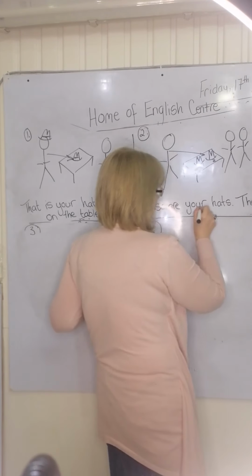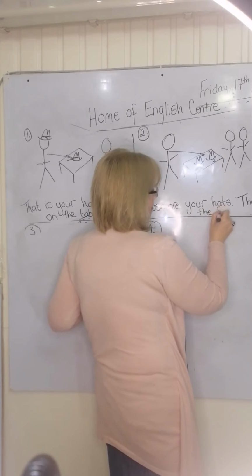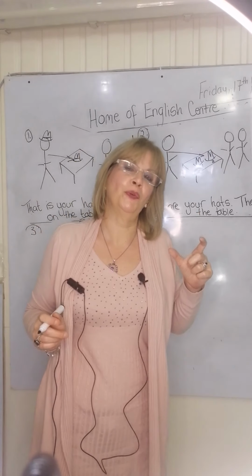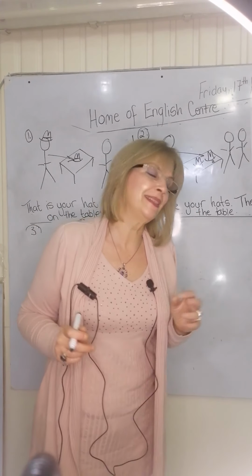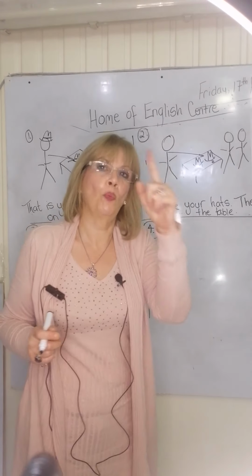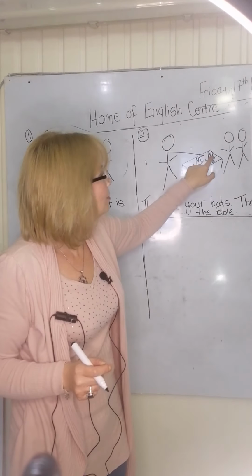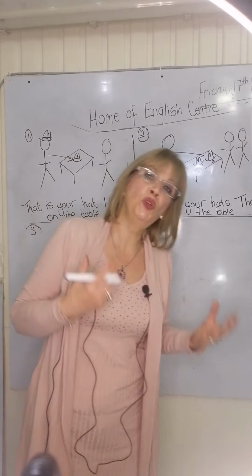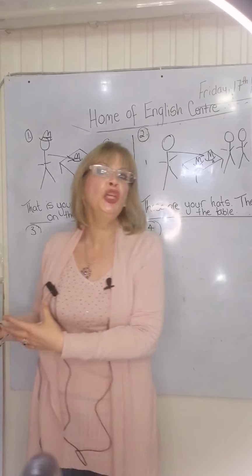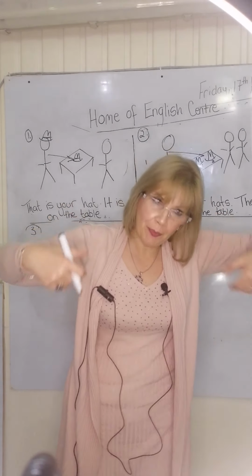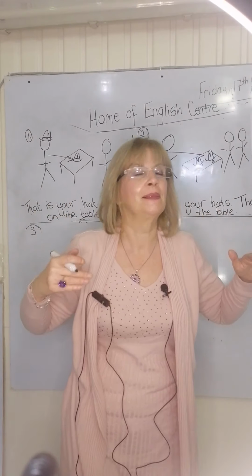on the table. So those, because there's 1, 2, not that now, that is 1. Those 1, 2. Those are your hats. So your, just like you, can be used for one or it can be used for 100, doesn't matter.